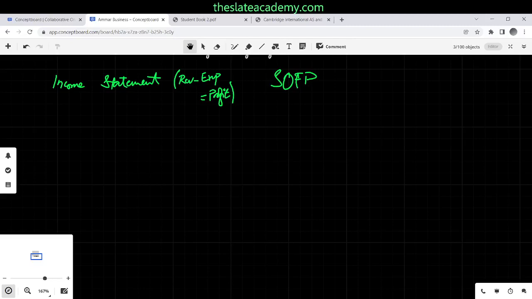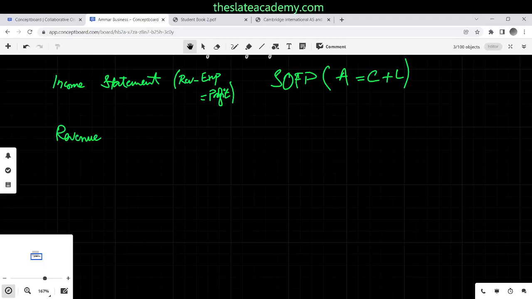The statement of financial position is broadly drawn on the principle of the accounting equation, which is assets are equal to capital plus liabilities. Let's do the income statement first. The first thing that we mention is revenue.